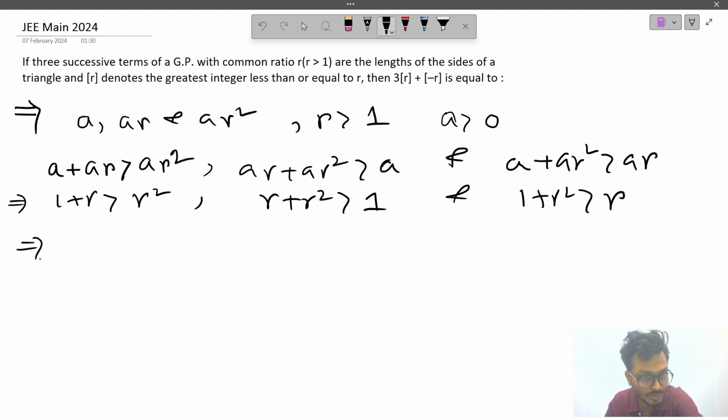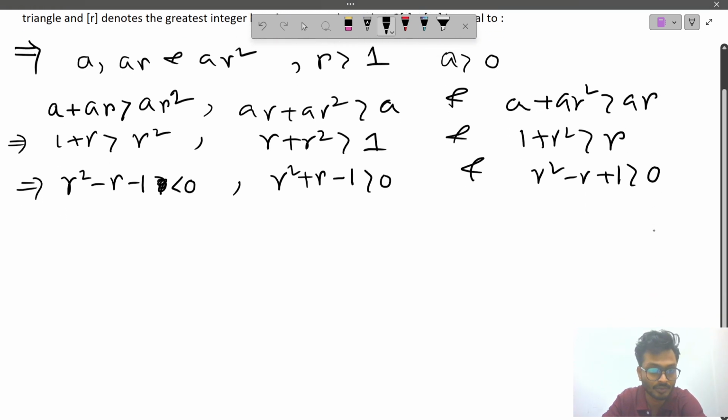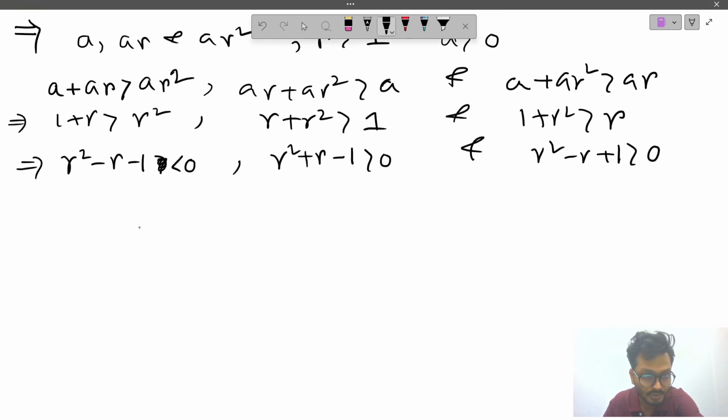So from this what we get: r² minus r minus 1 less than 0, right? And here r² plus r minus 1 greater than 0, and this is r² minus r plus 1 greater than 0. So suppose r² minus r minus 1 equals 0, then what will be the roots of this?